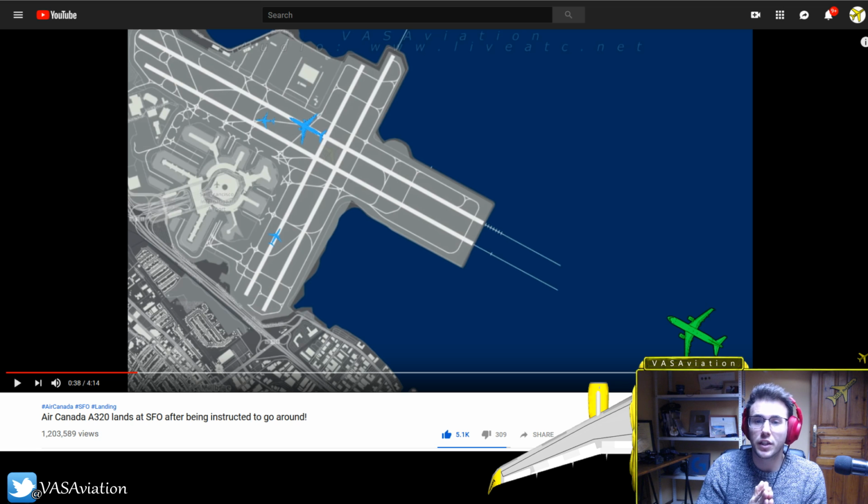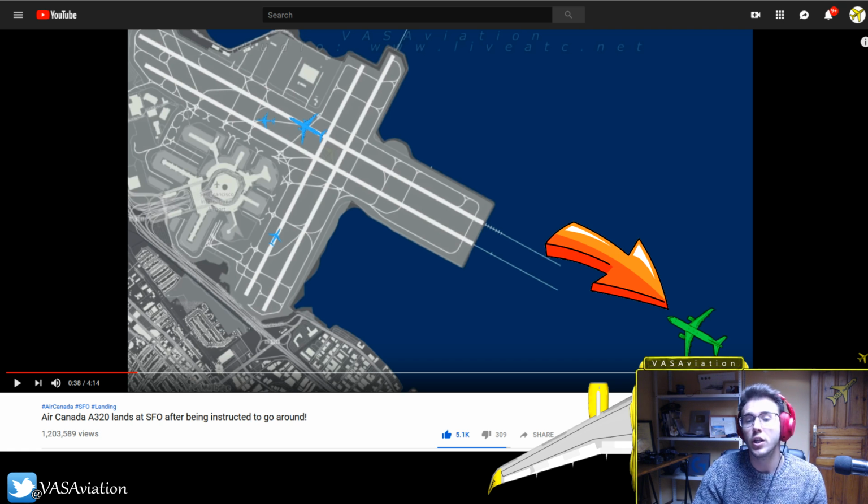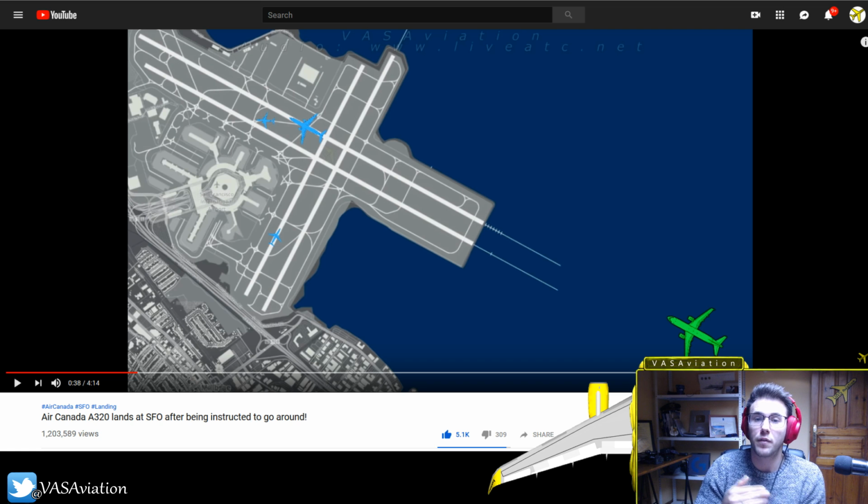So just a bit of context so you guys can understand the animation better: we're going to have 4 main airplanes in the game. These are our subject Air Canada aircraft, which is Air Canada 781 represented in green color, 2 blue airplanes that have just landed on runway 28 right and are waiting to cross runway 28 left, and these are United 2065 number 1 and Southwest 3117 number 2.